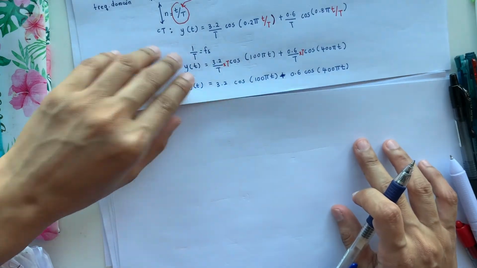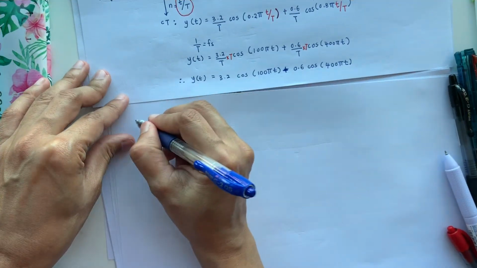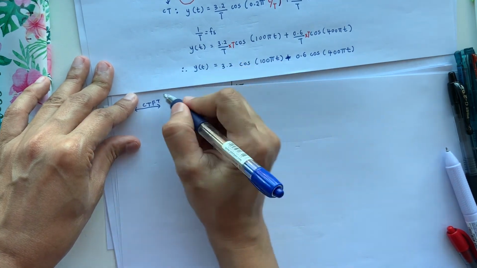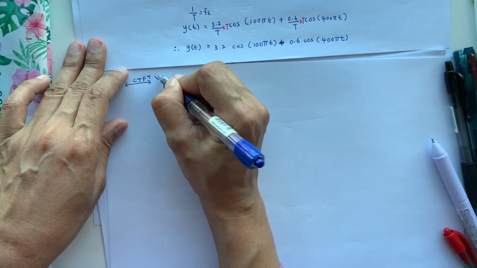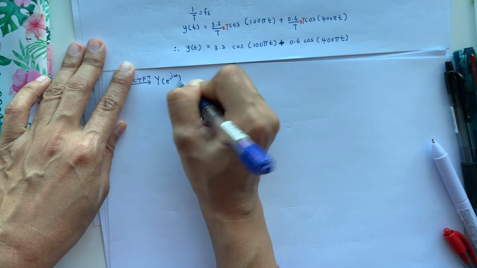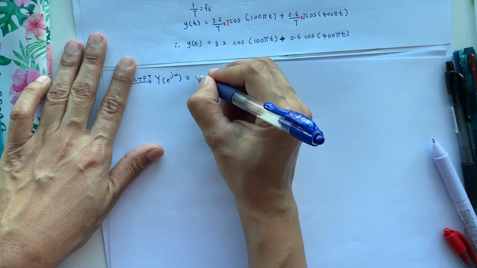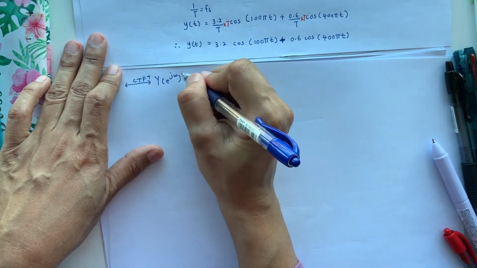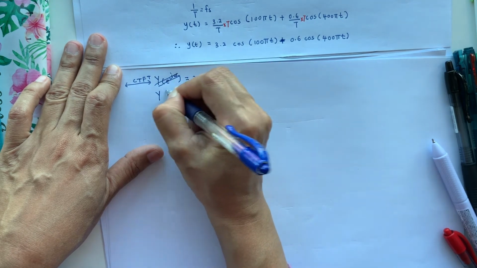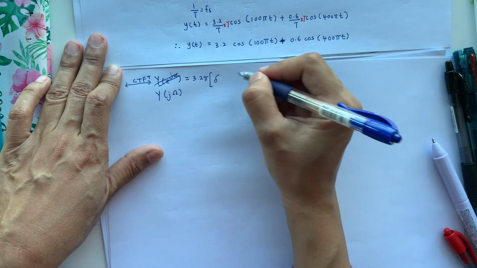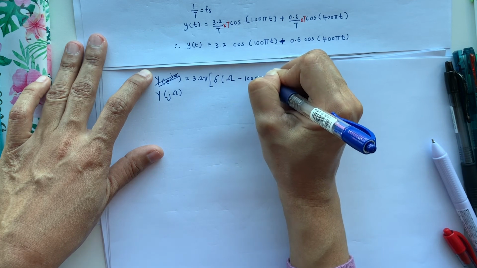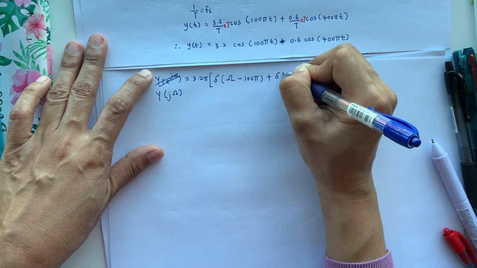Now you need to sketch the spectrum. For this, you need to find the CTFT of y(t). So the CTFT of y(t) is Y(jΩ), sorry, it is not Y(e^{jω}), it is Y(jΩ) capital omega. So we have 3.2 pi delta of capital omega minus 100 pi plus delta.